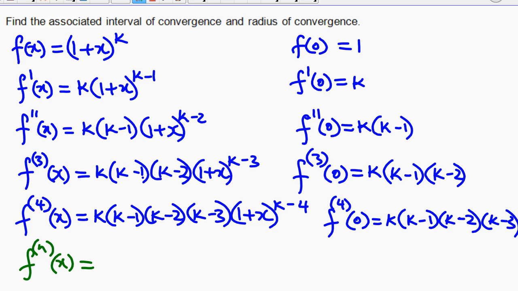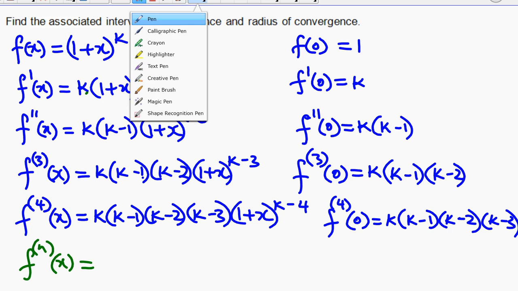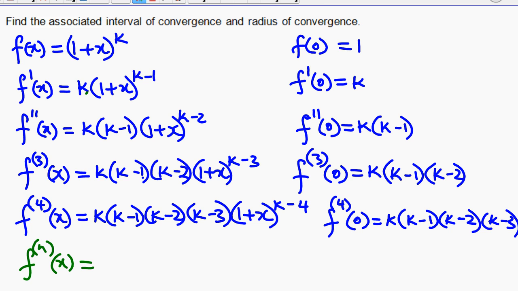For the first derivative, we stopped at 0. You can see that clearly. Second derivative, we stopped at 1. Third derivative, we stopped at 2. Fourth derivative, we stopped at 3, and it's actually clear here. You can see that connection.